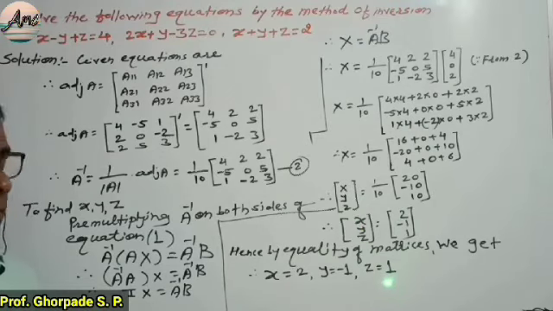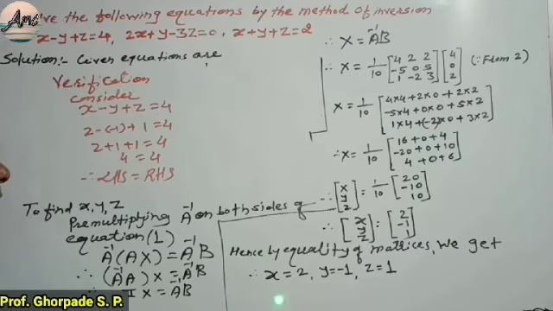Now whether the values of x, y and z we got are correct or wrong, this can be judged by doing the verification. So verification: take any one of the given equations. I have taken here the first equation. So replace the values of x, y and z. So x is 2, minus y is minus 1, plus z is 1, equal to the right hand side, which is 4 as it is.